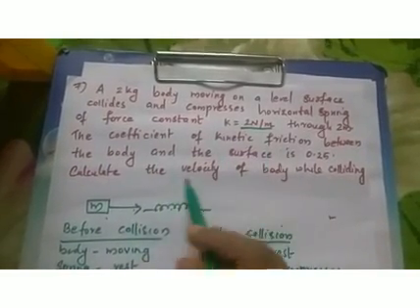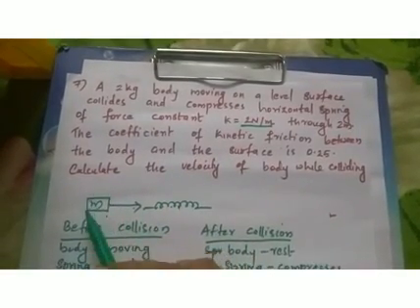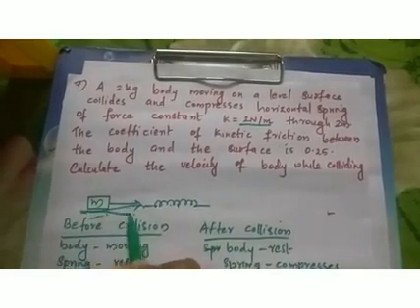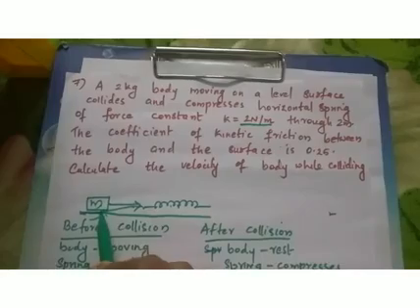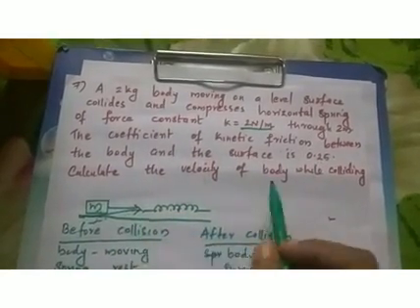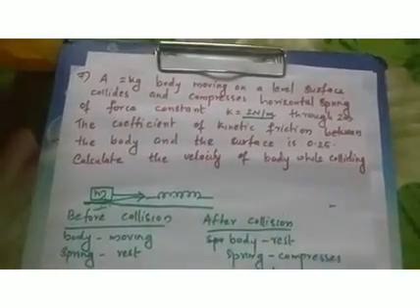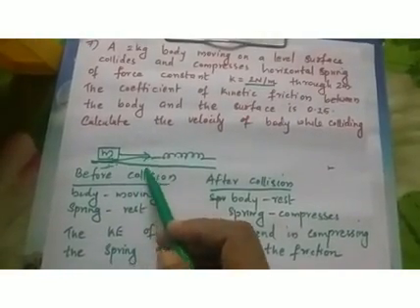The coefficient of kinetic friction between the body and the surface: that means this body is moving on a level surface, isn't it? So the coefficient of friction between the body and this surface is 0.25. Calculate the velocity of the body while colliding. So what is the velocity of the body during collision? Here we can consider before collision.